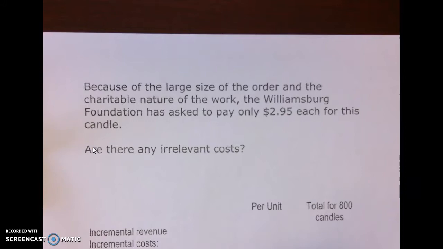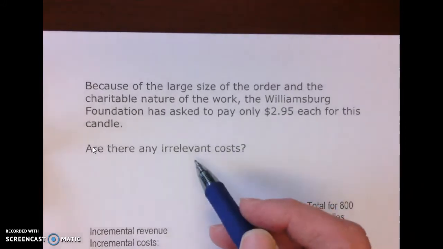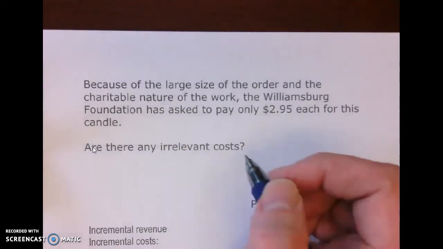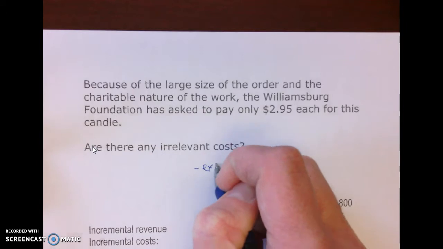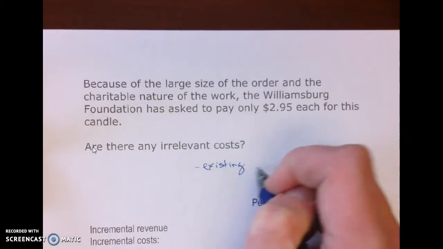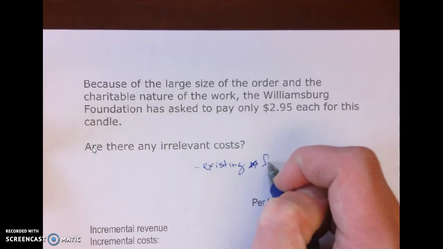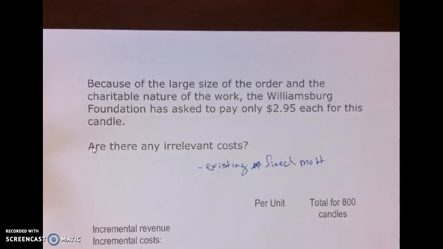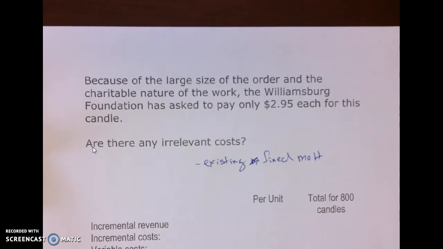Well, first, if we look over here, the first thing that we want to do to tackle these special order problems is to say, are there any irrelevant costs? And yes, we can say there are. We can say the existing manufacturing overhead is irrelevant because it said it would continue regardless of whether or not we do the special order.